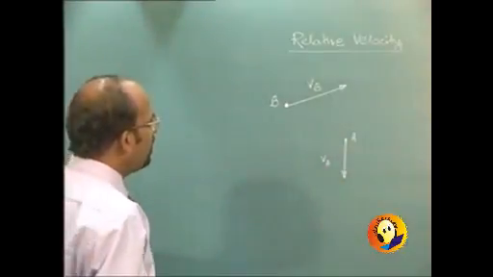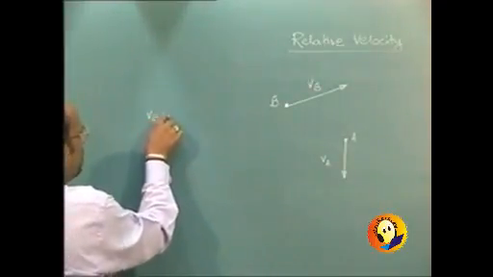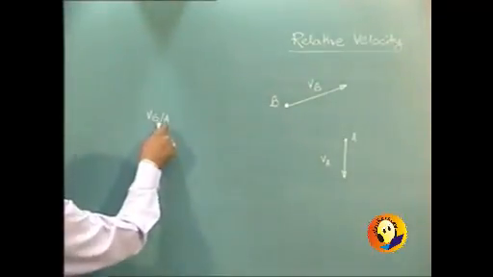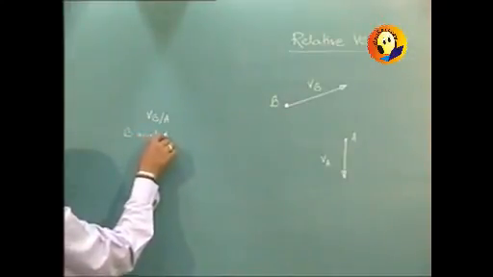Now, if we are required to find, say, velocity of B with respect to A, this should be read as B with respect to A.